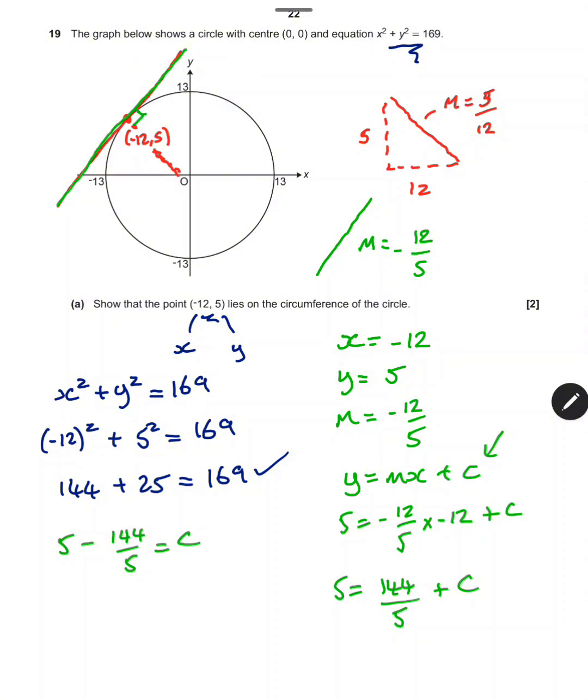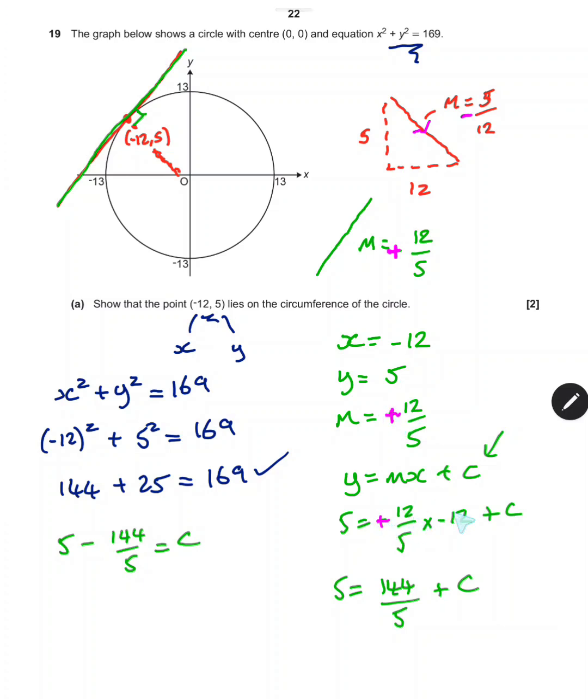At this point, I realise I've actually made a mistake, so I'm just going to change this and see if you can follow what I've done. This original gradient is actually sloping downwards, so that would be negative 5/12, which means that my gradient is positive 12/5. So I can change that all the way through now. That is a positive. That is a positive.